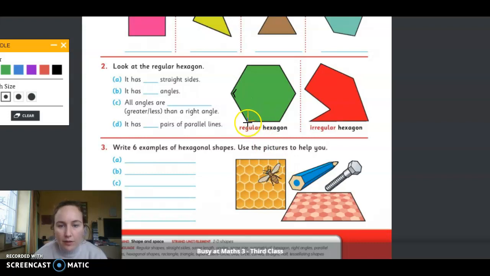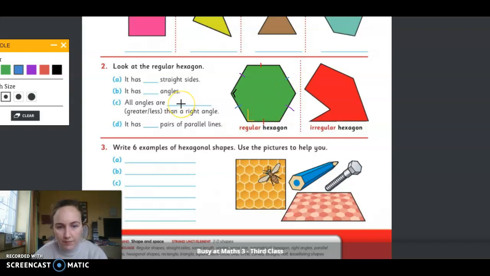The shape would be going up here and across, if it was a right angle, but it's not, it's going this way, so it's bigger. And then how many pairs of parallel lines? So we've one pair there, one pair here, and another diagonal pair here.